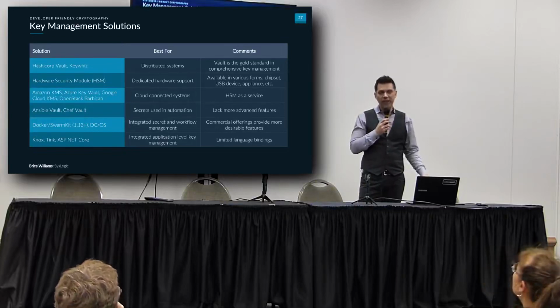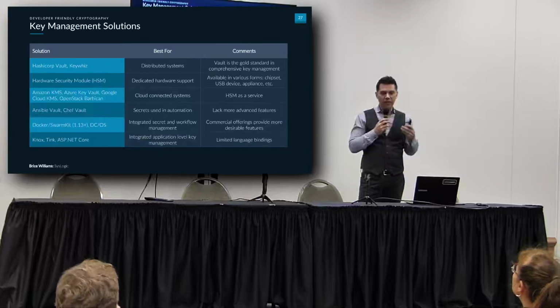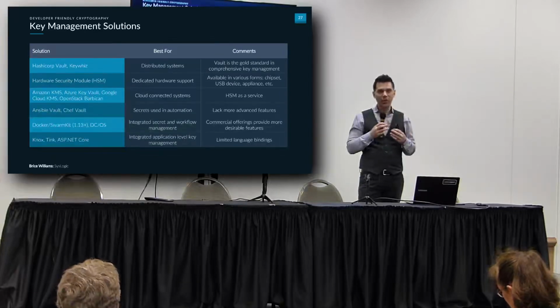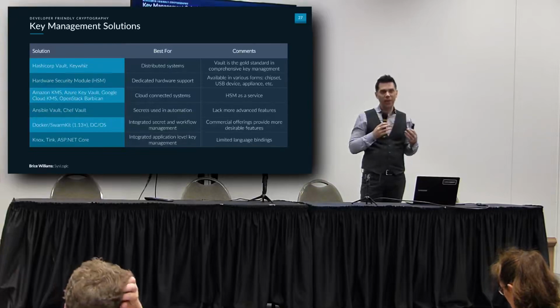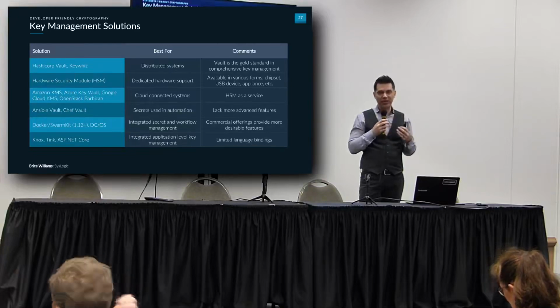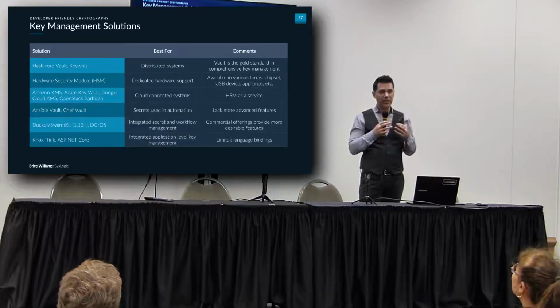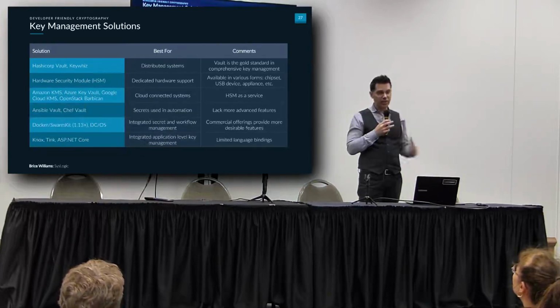An HSM provides a very protected form of vault, if you will, an actual hardware vault to store keys, in a way that's tamper resistant, very difficult for someone to pull keys out of there. They actually get generated on that device, and those keys, at least in the case of private keys, never leave that device. They always stay there.